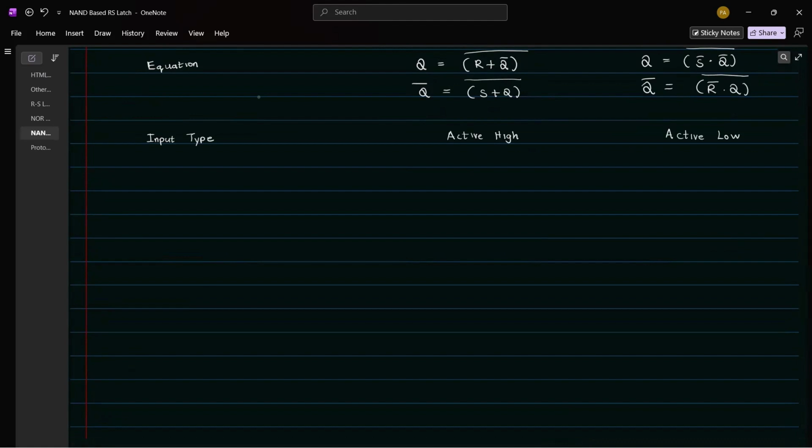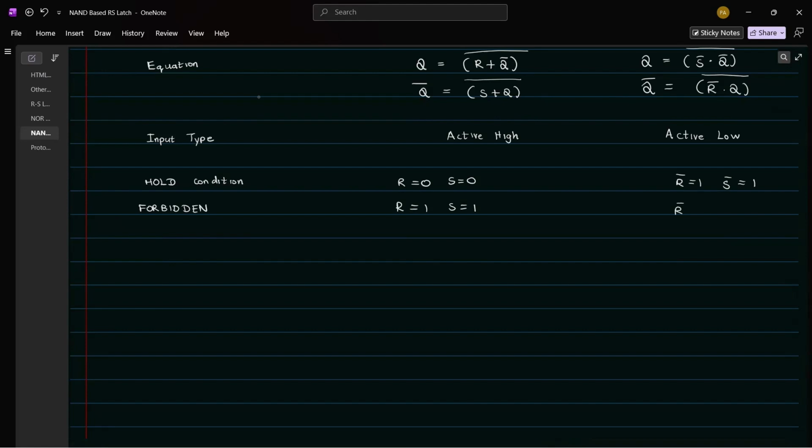And then we have the hold condition, or no change condition. For the hold condition, let's start with R: R is equal to 0 and S is equal to 0. Here, R bar is equal to 1 and S bar is equal to 1. Similarly, we have the forbidden or invalid operation, where R is equal to 1 and S is equal to 1.